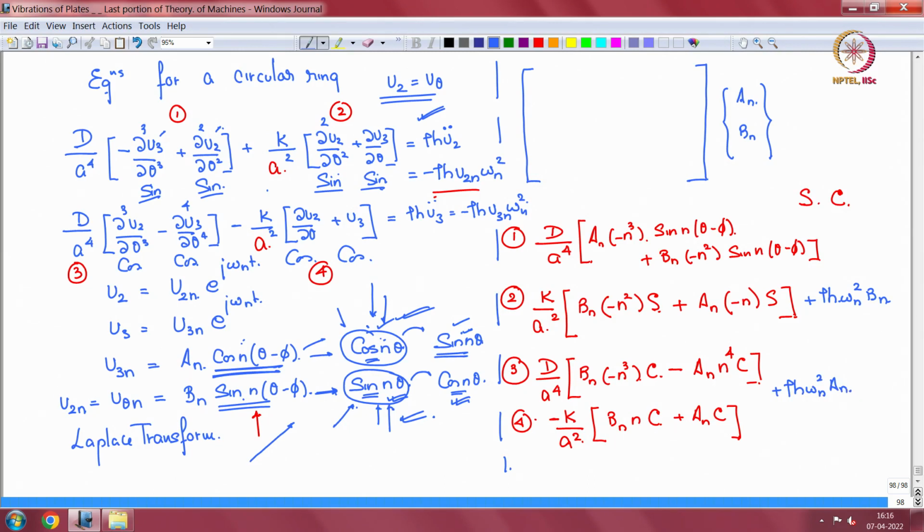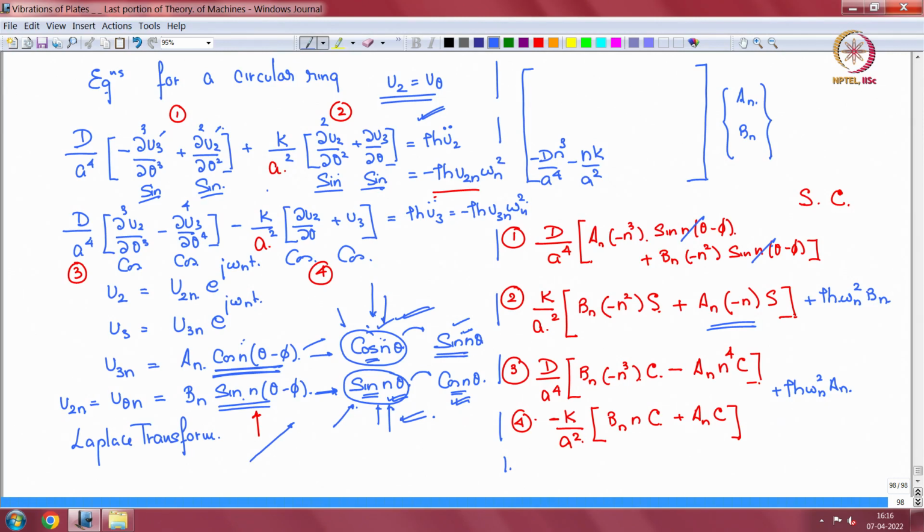Okay, so let's do this here. So I get minus n cube d by a fourth, minus n cube d by a fourth. Okay, then here minus nk by a square, minus nk by a square.